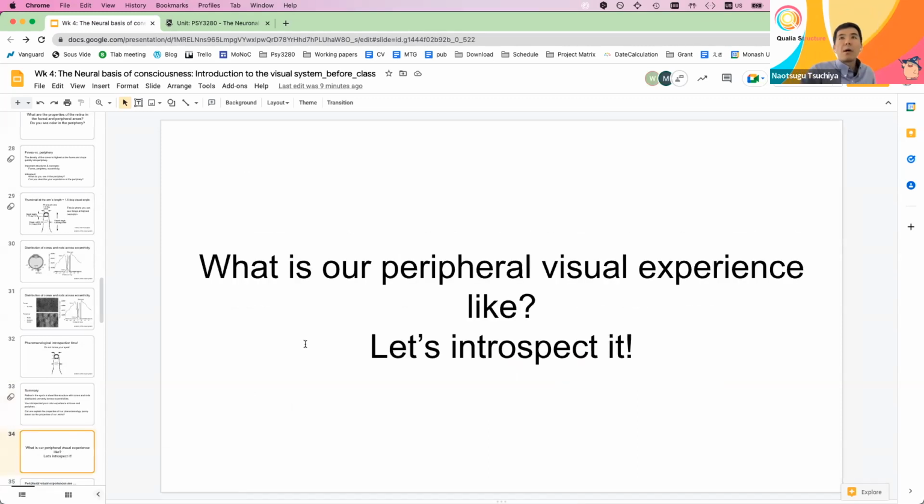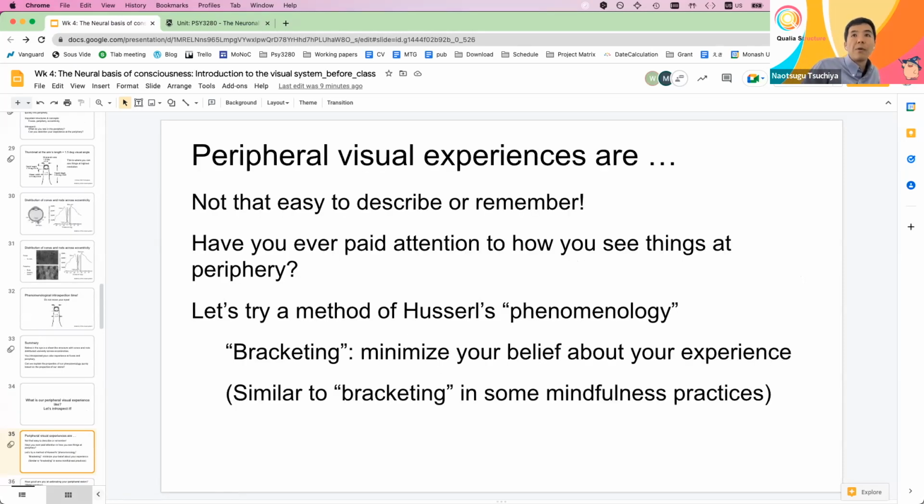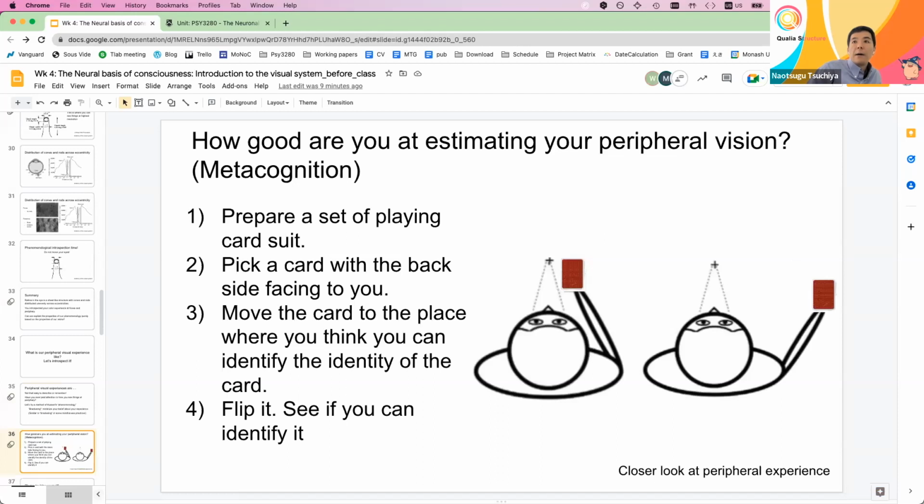So what is our peripheral visual experience like? Let's introspect it. We already did that, so here I skip the demo. But if you have a fruit like this, pear or orange, you can do this kind of experiment.